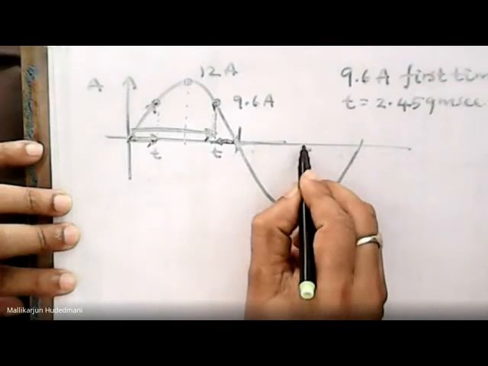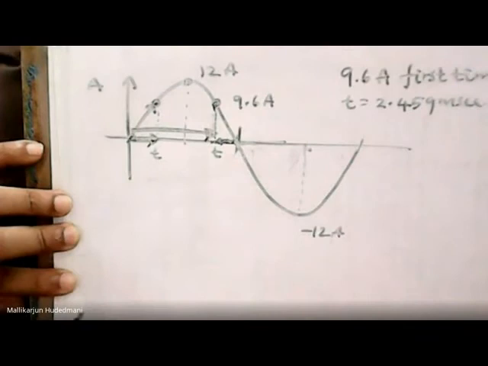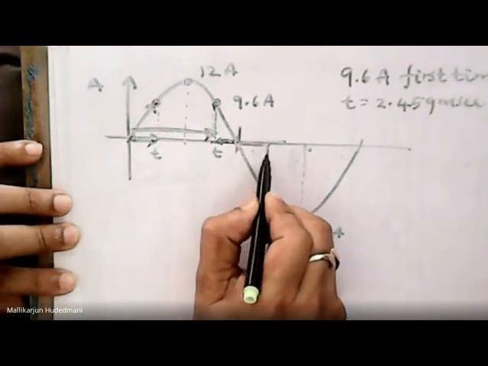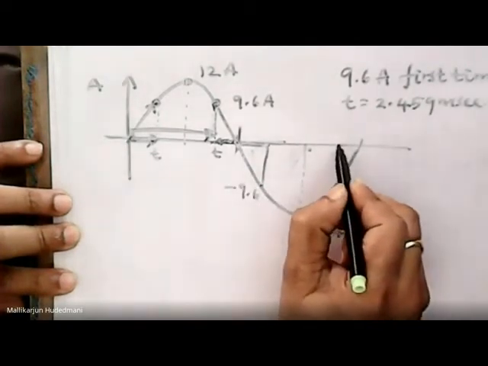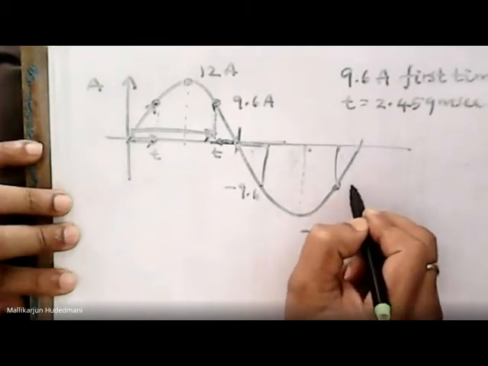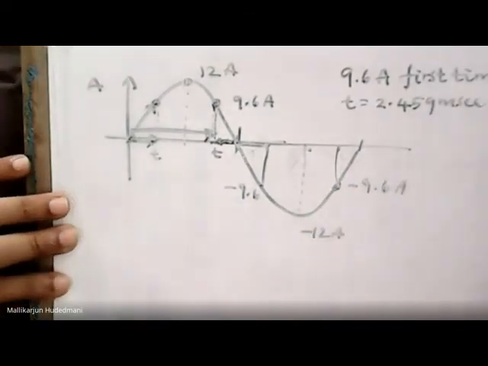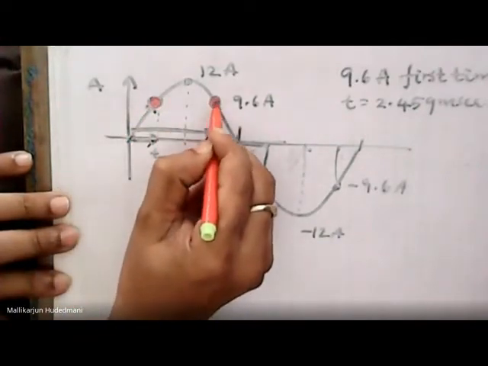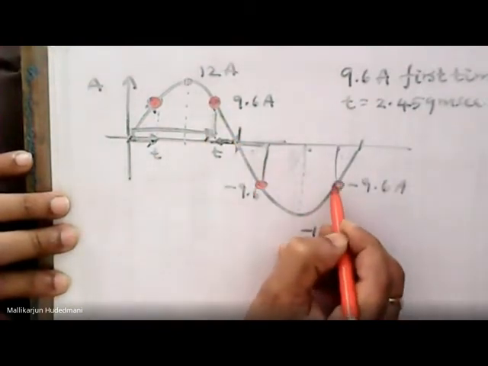Correct? This is again a negative peak. If I mark it, minus 12 ampere. Definitely from this 0 mark, there is the availability of minus 9.6, and here also I have minus 9.6. I mark it here, plus 9.6 here, plus 9.6 here, minus 9.6 here, minus 9.6 here.